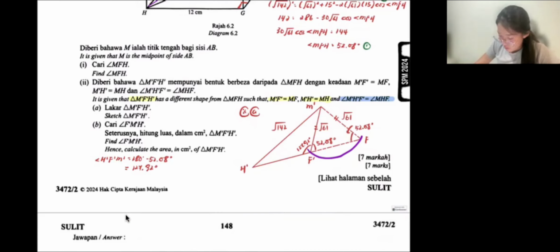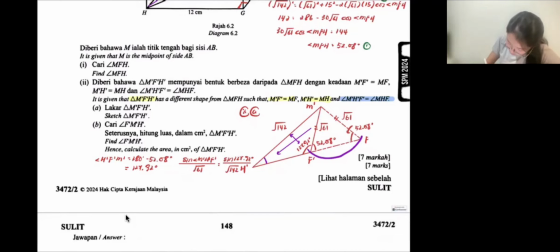We need to use sine rule. You see you have a pair over here, corresponding side length with the angle, and you have Surd 61 to find out this angle first. This is sine of angle M prime H prime F prime over Surd 61 equals sine 127.92 divided by Surd 142.